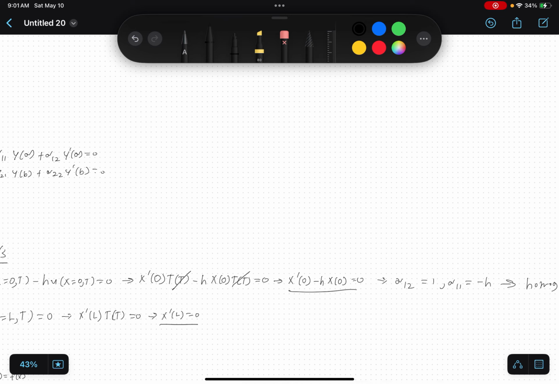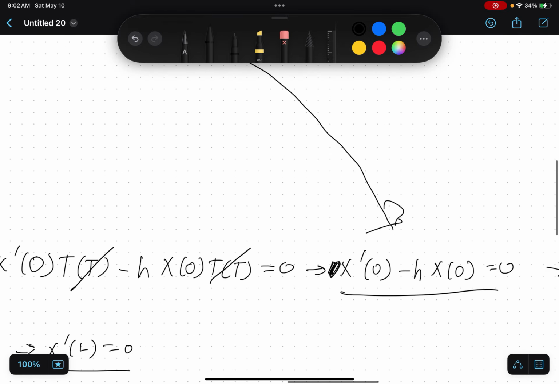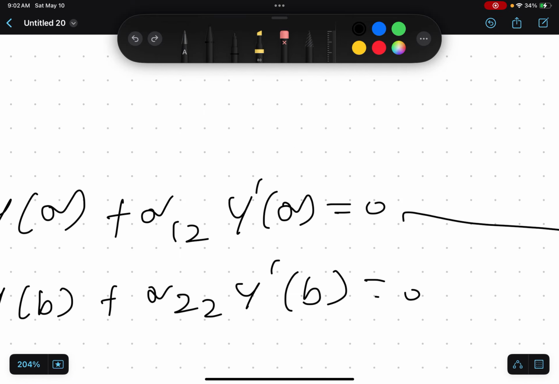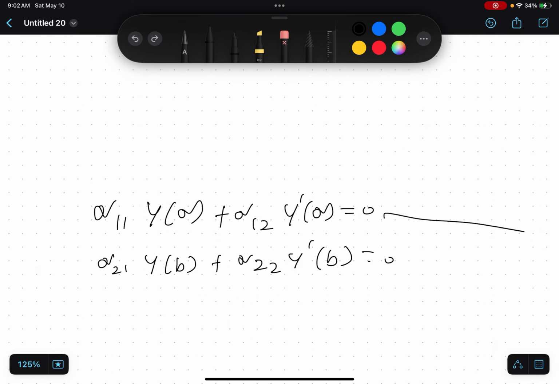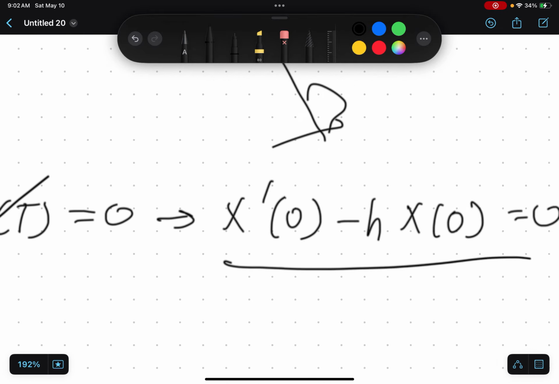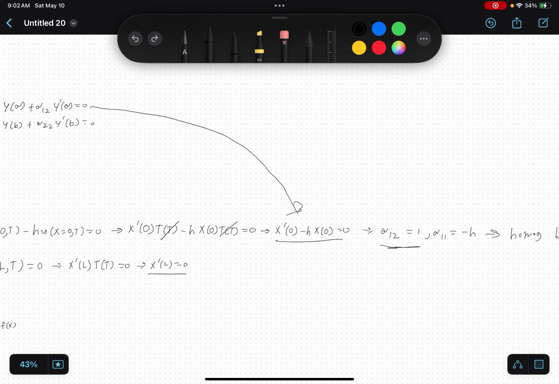Okay, so if we map this equation here, the multiplier in front of the x prime is A12. So A12 is 1 because there's technically a 1 in front of the x prime.